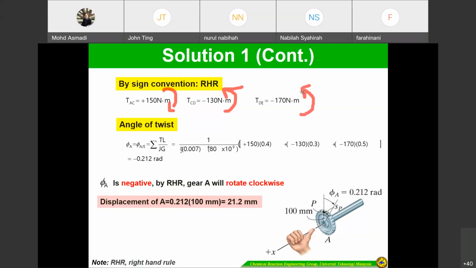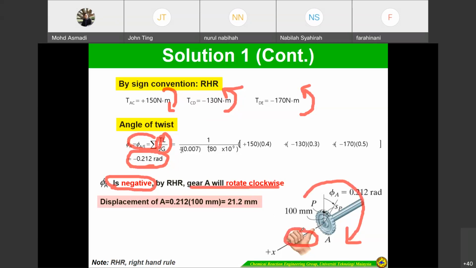And then you have to calculate the angle of twist. So if you look at here, the angle of twist is negative 0.212 radian, by using phi equals TL over JG. Phi is negative, so right hand rule here, it will rotate clockwise, because it's negative, meaning to this direction.